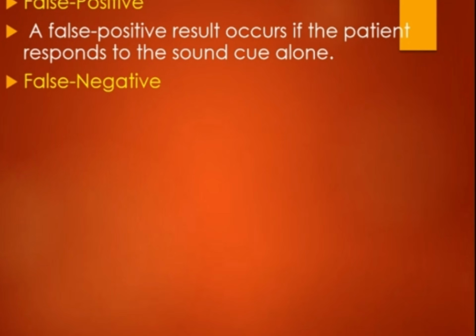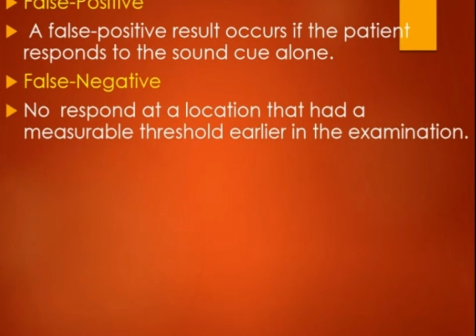Then the false negative. Sometimes a stimulus will be presented or projected, and then the patient sees it the first time. So when that particular location is tested a second time and then the patient is not clicking, the machine records it as false negative, because if the patient has seen it the first time, it is expected that the patient should also see it the second time and even the third time, depending on the strategy used.